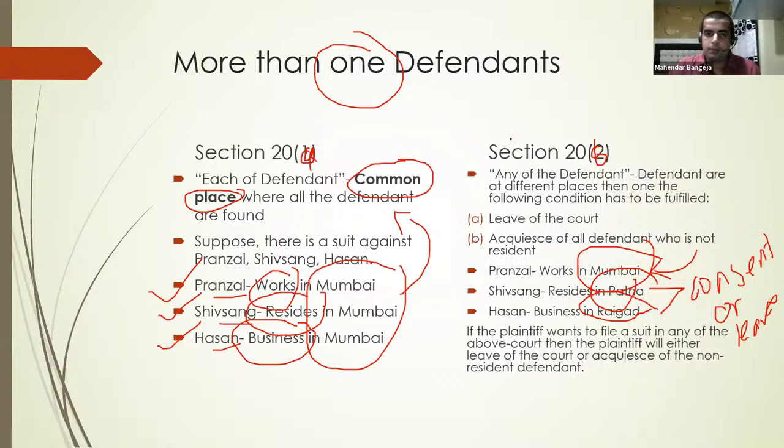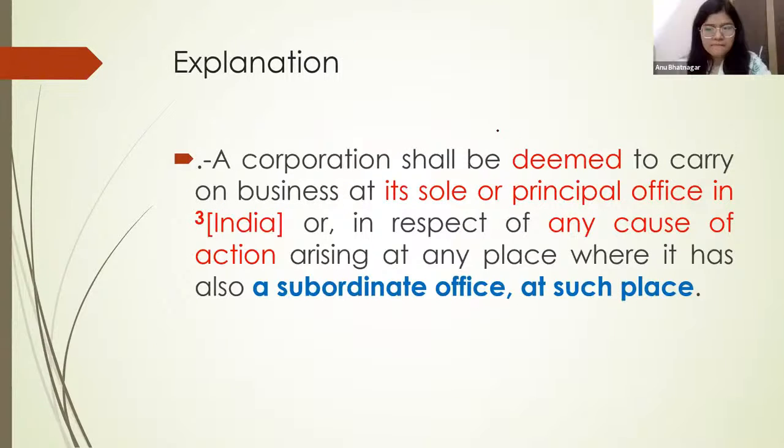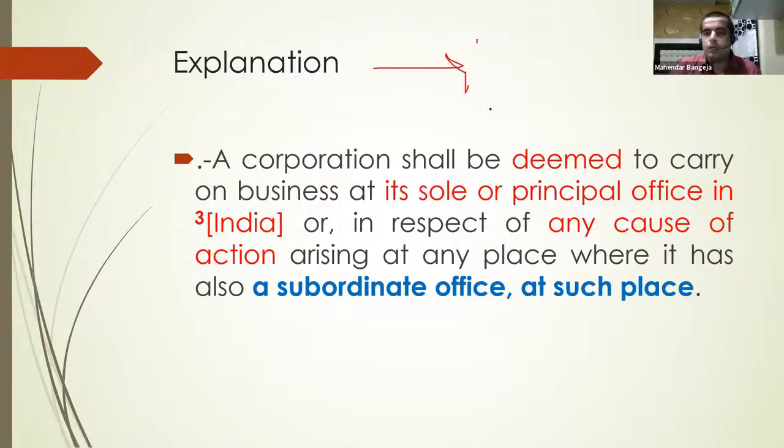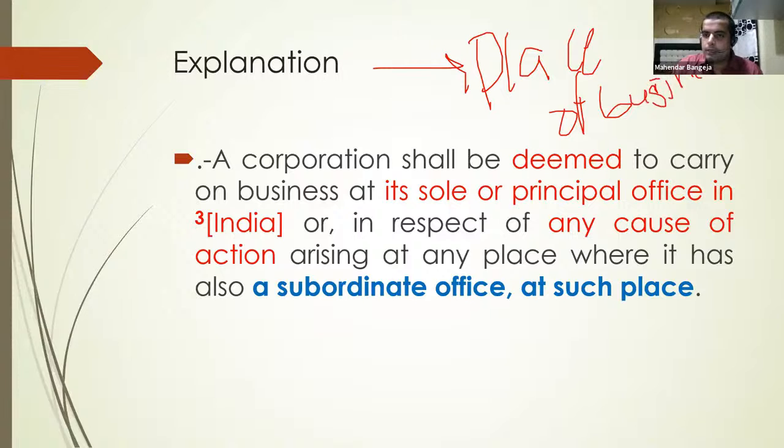Okay, I'll proceed. Now the main question that often arises is, we know it's easier to ascertain the place of business for an individual. आपको पता है ये बंदा यहाँ काम कर रहा है, so you know this is the place of business for him. But what will be the place of business in the case of a corporation?